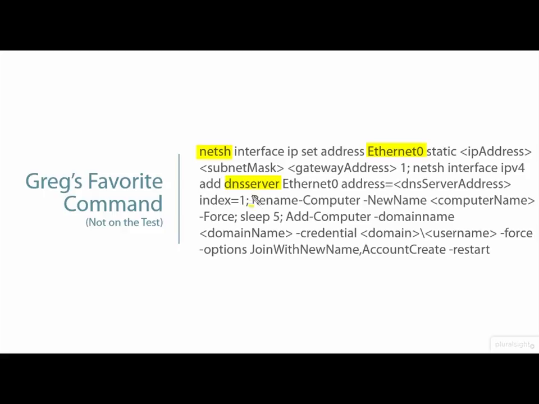The Rename-Computer PowerShell cmdlet is used to rename the computer. The Add-Computer cmdlet is then used to add the computer into the domain. And then the restart parameter down here at the bottom is what tells the computer, once it's added to the domain, go ahead and reboot the machine to get all these things locked in so we have a fully configured machine that's now in our Active Directory domain.